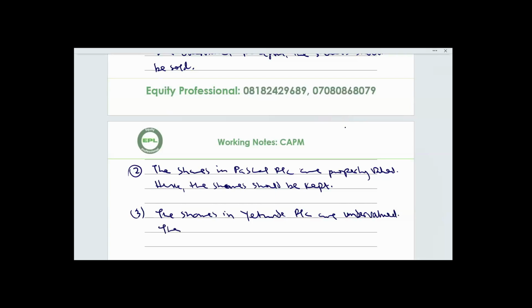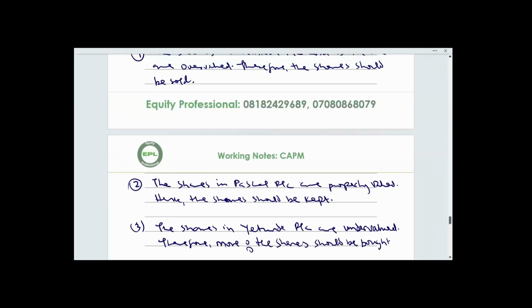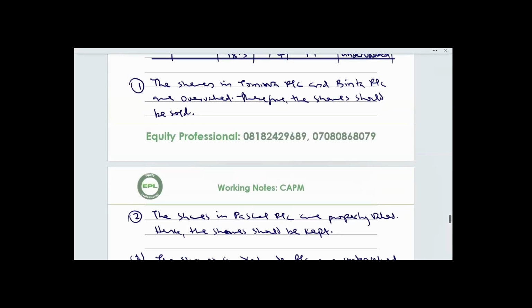Therefore, more of the shares should be bought. More of the shares should be bought. All right. So that is our recommendation. So what else?